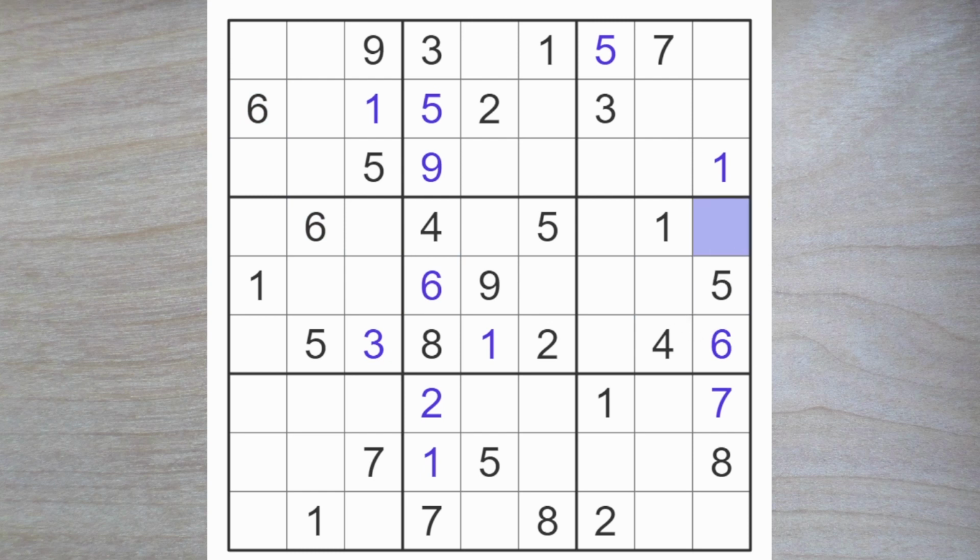These are still a 2 and a 3, making these a 7, 8, and a 9. So a 9 must go in one of these two squares and in one of these two squares. So 7, 8, and 9 here, that makes these a 6 and a 4, and those I can't place, not yet.